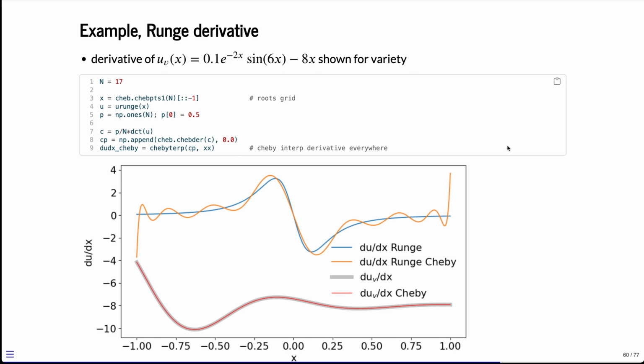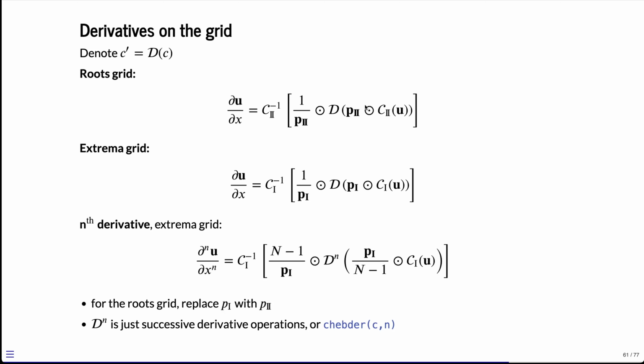Okay, so this is similar to what we did for the Fourier pseudospectral method, where we had a discrete Fourier transform, and then we multiplied it by a constant, and then we did an inverse discrete Fourier transform. And here we do a discrete cosine transform, and we scale it.